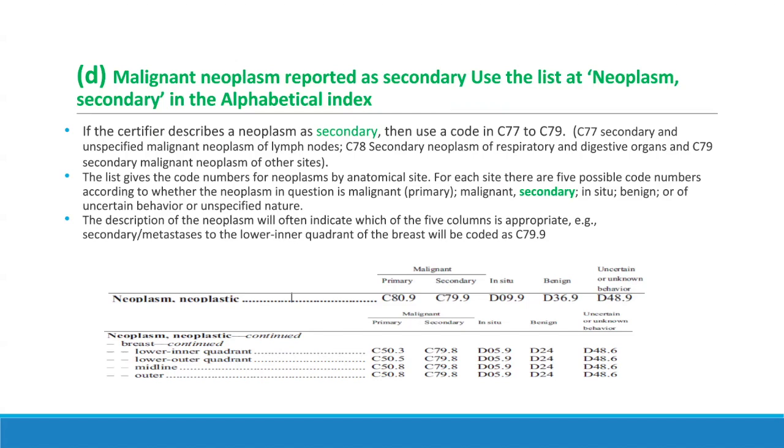The coding list categorizes neoplasm into 5 types: primary malignant, secondary malignant, in situ, benign, or of uncertain behavior or unspecified nature, with specific examples provided for coding secondary metastasis in different quadrants of the breast.